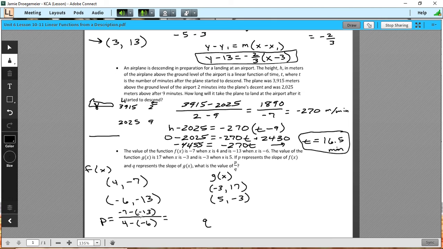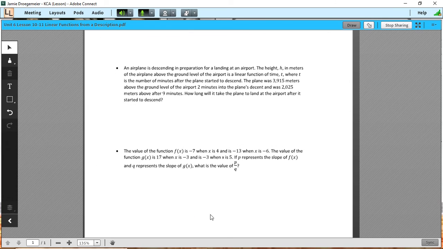Well, -7 minus -13, that's -7 plus 13, which would be +6. 4 minus -6, that's 4 plus 6, which is 10. So this slope is 6/10, or that would simplify to 3/5. So p equals 3/5.